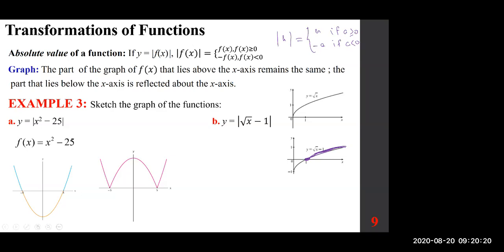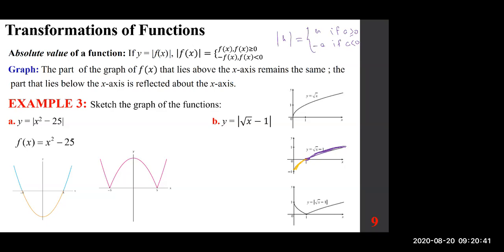However, this portion is below. It will flip over with respect to the x-axis. That's all there is to it. Notice what happens.